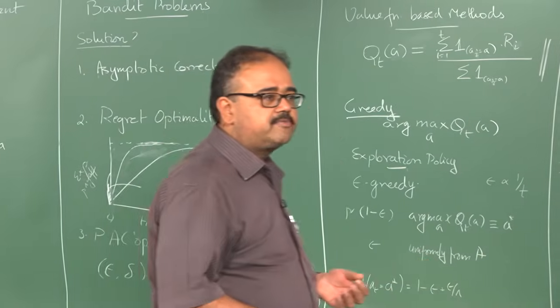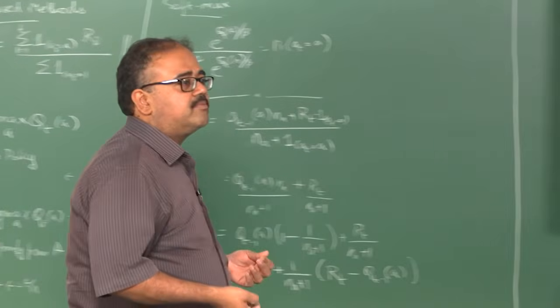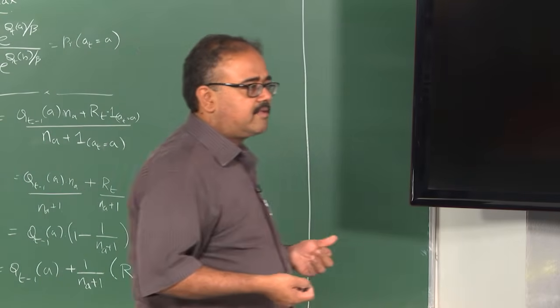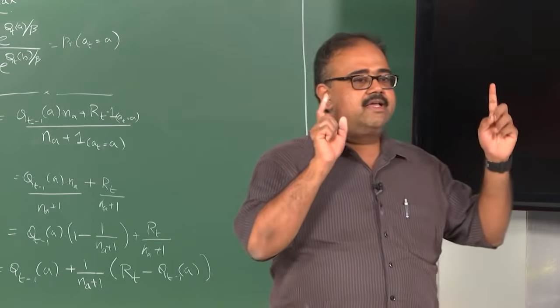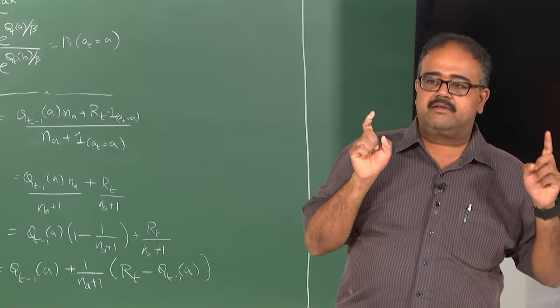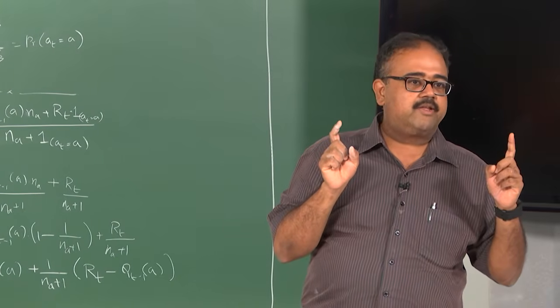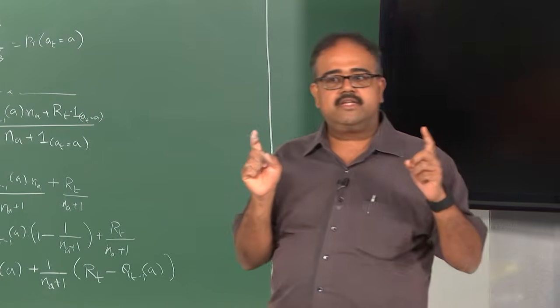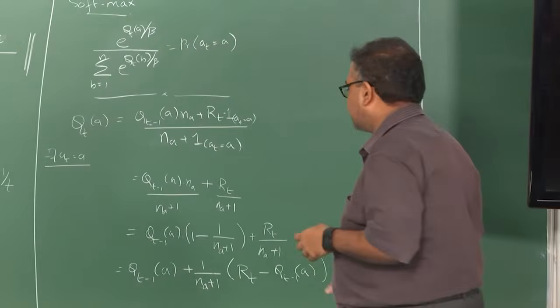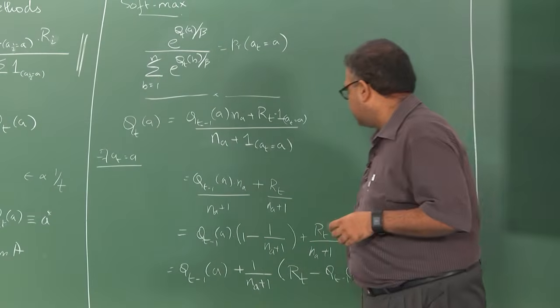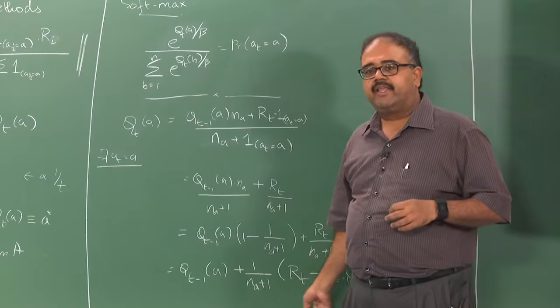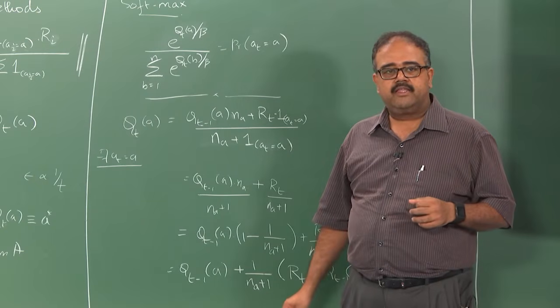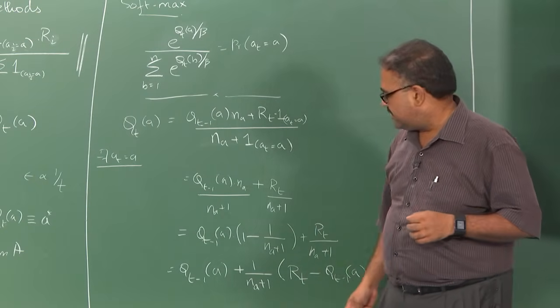Since I do not know the true expectations, I can operate with these samples. So I am going to form an estimate of the target, or of the error, by using a sample as opposed to the true expectation. That is why we call these stochastic averaging rules. And this is a very standard form that we will keep seeing again and again in all the algorithms that we will look at.